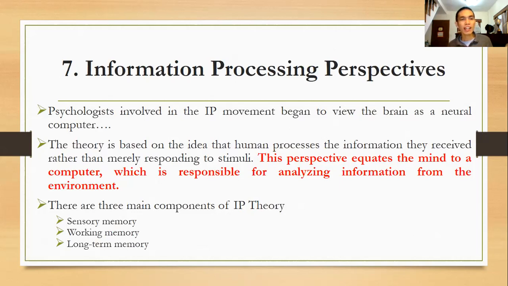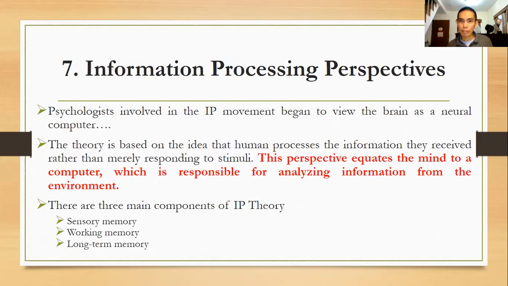Okay, and there are three main components of IP theory: the sensory memory, which refers to what we are experiencing through our senses at a given moment. This sensory memory, this is the input information, okay?